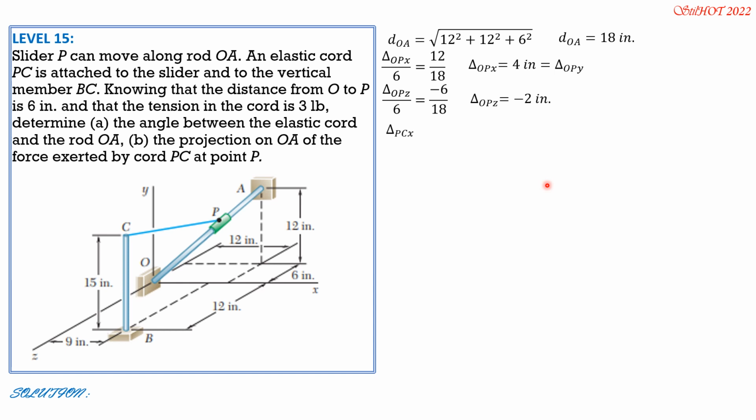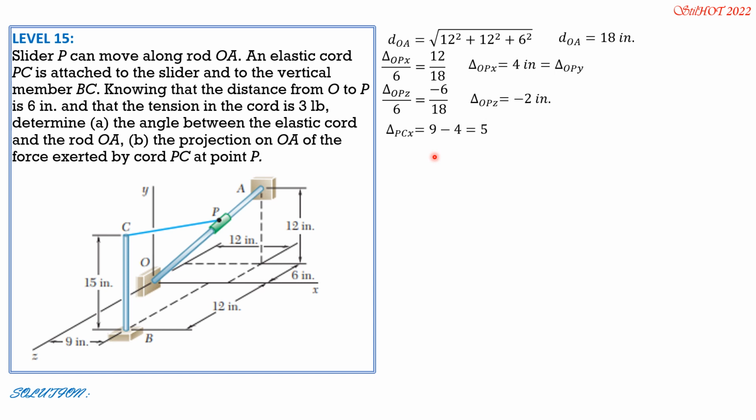or lambda of, so delta PCX is equal to P to C. So X coordinate of C minus X coordinate of P. The X coordinate of P is 4. The X coordinate of C is 9. So 9 minus 4, delta PCX is 5.